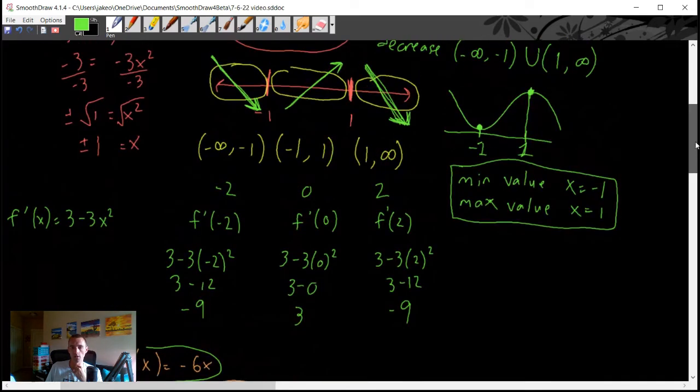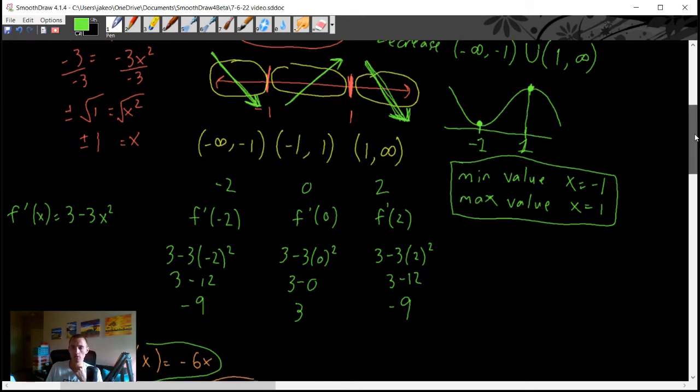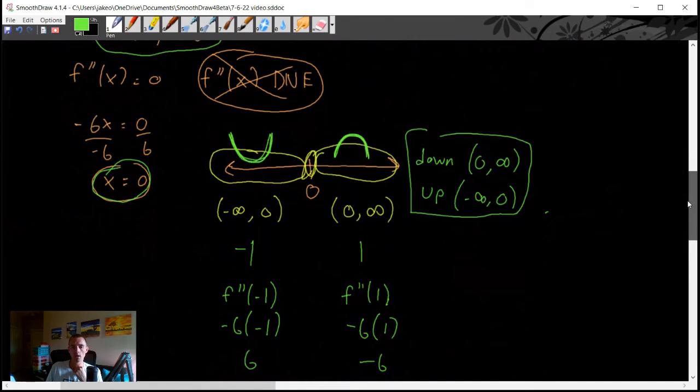Basically, we're going to be decreasing to the left of -1, increasing until we get up to x equals 1, and then decreasing for all x's after that. And what we found out in part C is that it switches from curving up to curving down right at x equals 0.